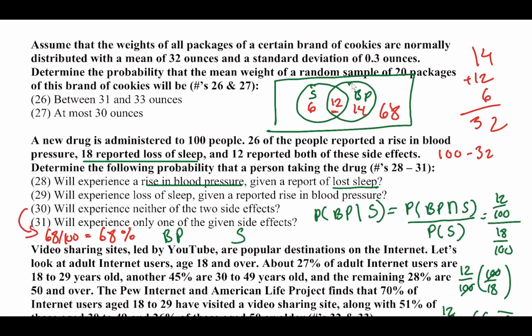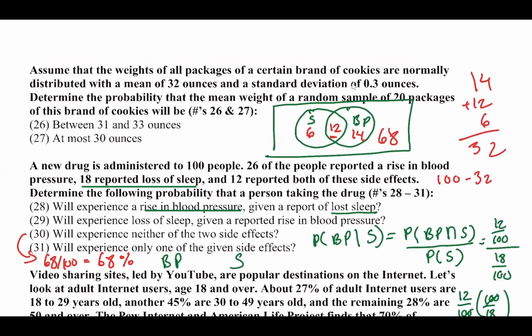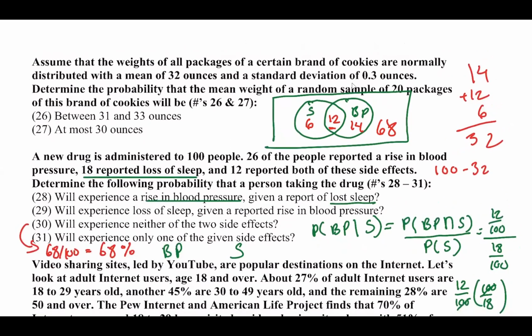All right. So the reason why we got 6 in the diagram, if you look at how many total people suffer from loss of sleep, there's 18 reported loss of sleep.